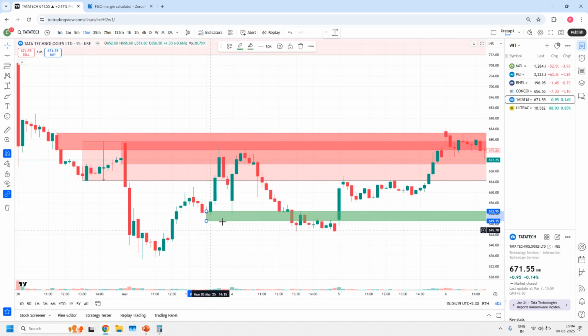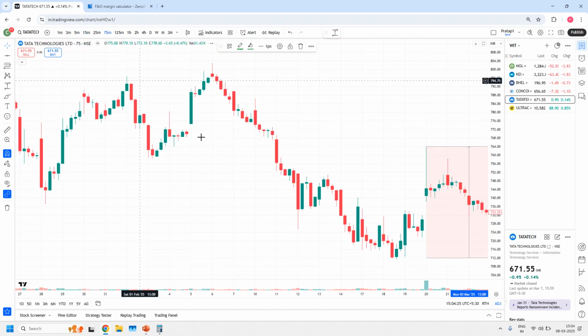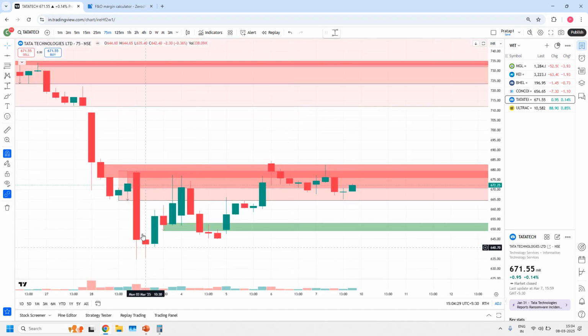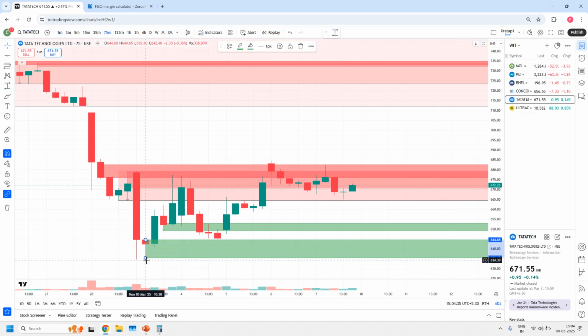But is your target the 15 minutes or your target in 75 minutes? Our target is the 75 minutes demand zone. Go to the 75 minutes demand zone. Where is the 75 minutes target? Here you have a drop base rally. This is your 75 minutes target. Has it reached the 75 minutes target? Yes.